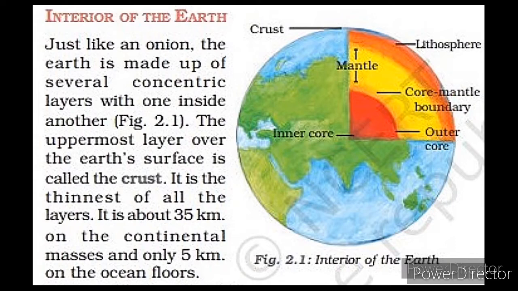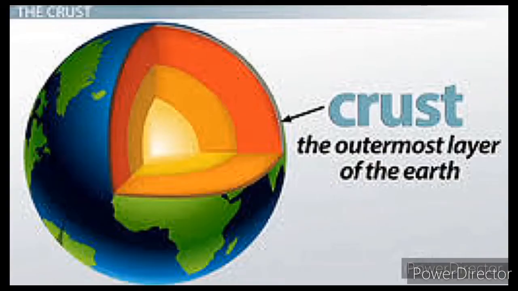Then, after the crust, a layer comes which is known as the mantle, and the innermost layer of the earth is called the core. Now we will discuss each layer of the earth one by one. First of all, we will discuss the crust.